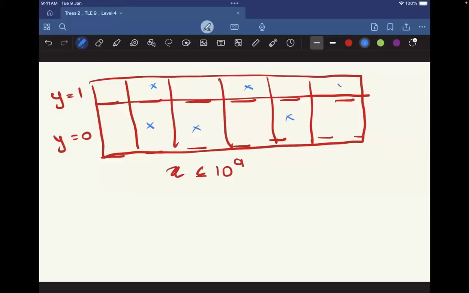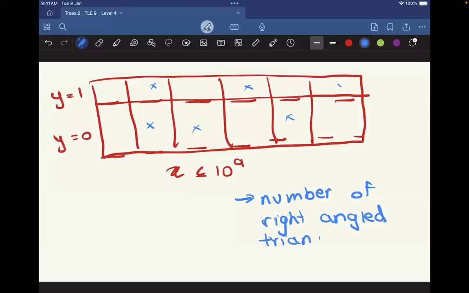I need to find the number of right angled triangles I can make using these points. So is the problem statement clear to everyone, guys? This is a very interesting problem. So is the problem statement clear?